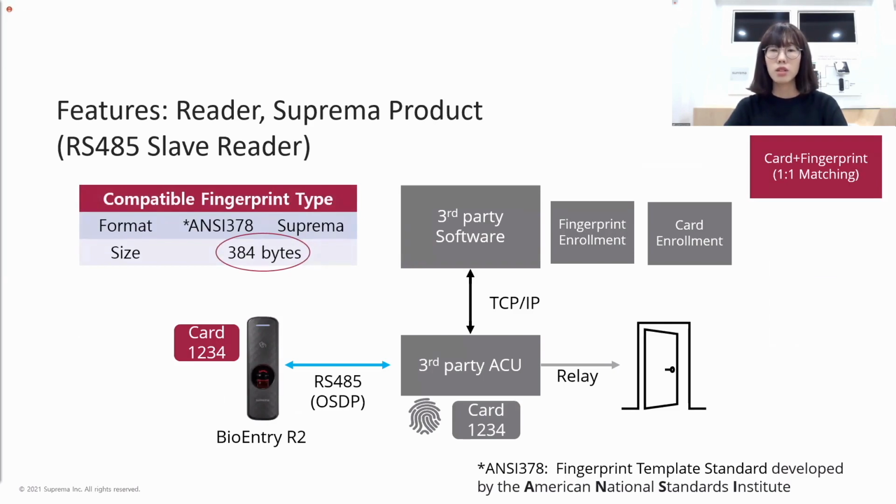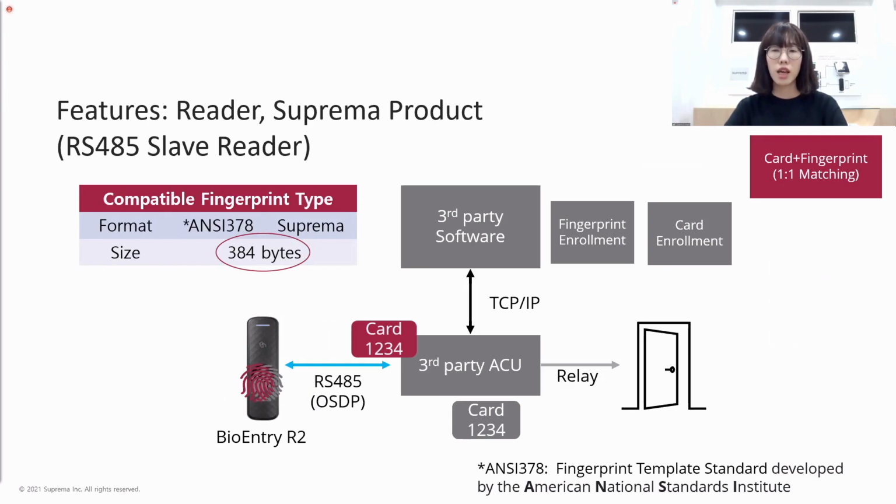The slave reader does not store user information, but fingerprint matching is performed in the reader in the following order. First, when a card is scanned into the reader, the access control panel passes the user's biometric information for the card to the reader.